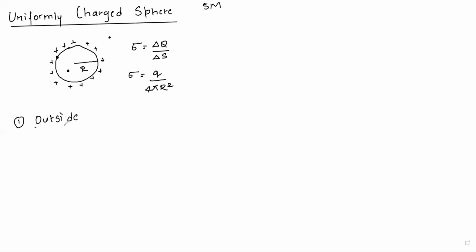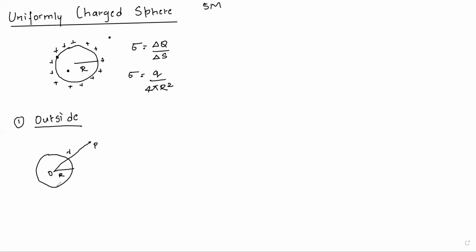outside the sphere. So I'll draw the same sphere, the same diagram here. This is the radius R, this is the point P, and this is the center of the sphere O. Now this point P is at a distance r from the center O. We cannot apply Gauss law on an open surface.